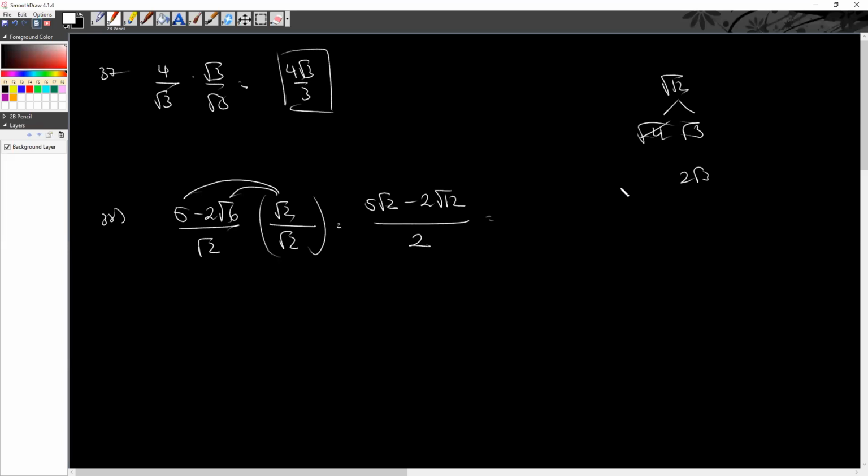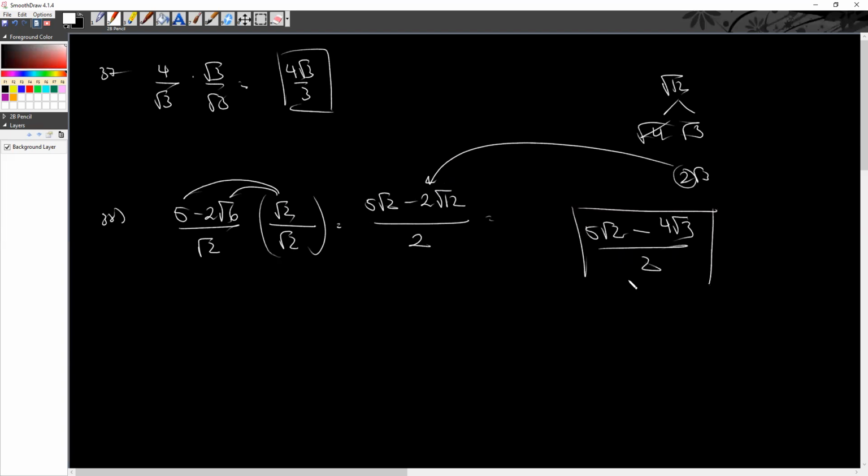So what I get is 5 rad 2 minus, be careful, this 2 and this 2 interact to become 4 rad 3, over 2. And I would just leave it here. I could split it up into 5 rad 2 over 2 minus 4 rad 3 over 2 and simplify that, but there's really no point, because the 5 can't simplify either. So I don't believe that's any more simplified than what I have right here.